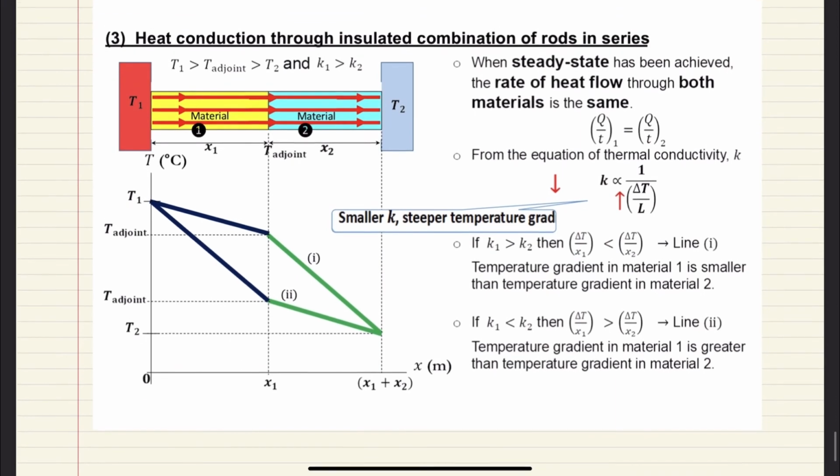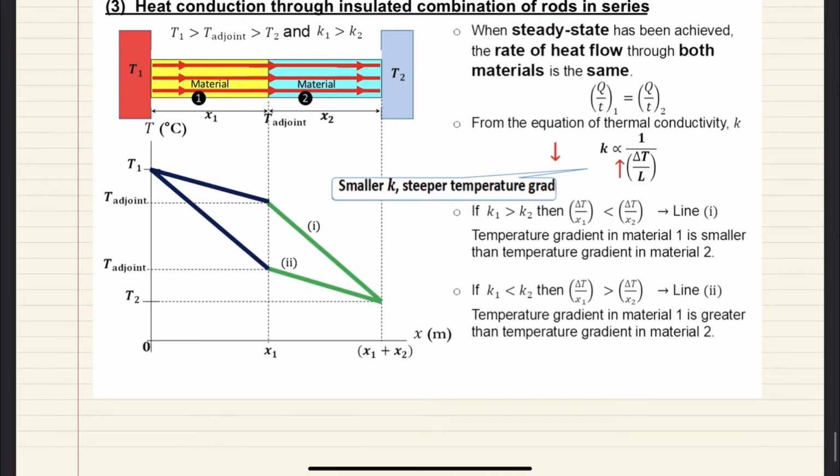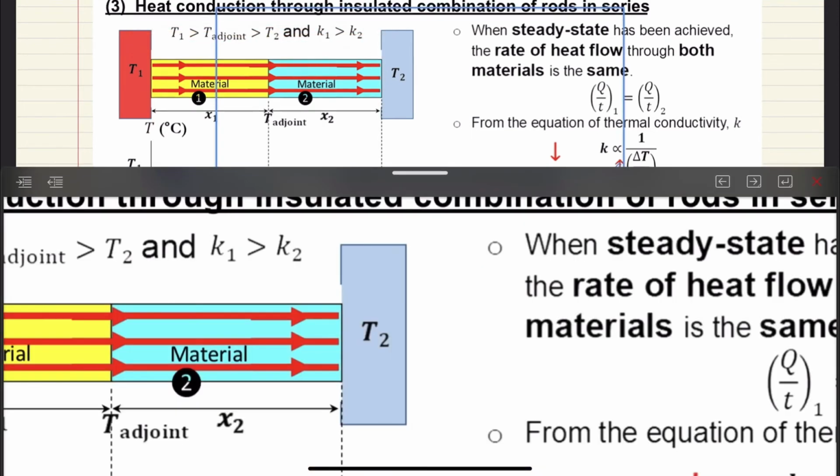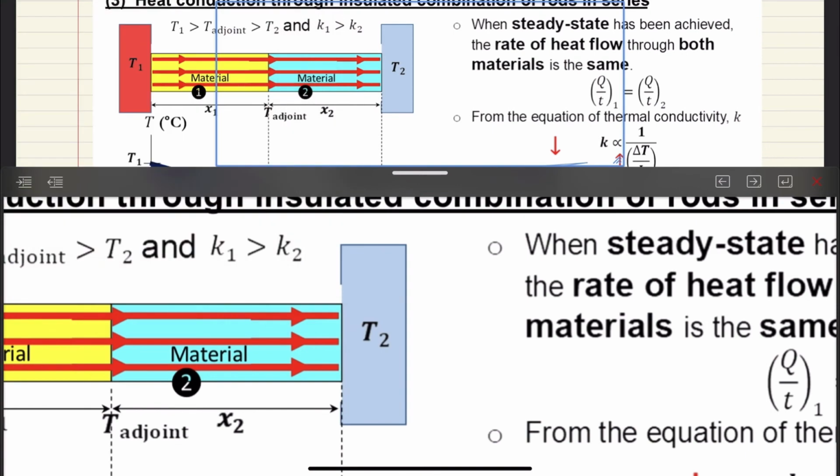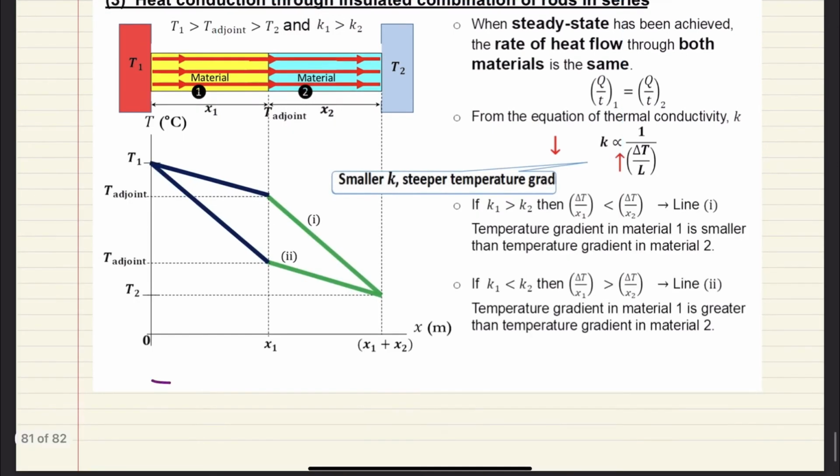Okay, now let's say you have two materials side by side touching each other, and this is T1 because this one is at a higher temperature compared to T2, right? So the heat will flow from there to there. Okay, what happens when steady state has been achieved is that the heat flow through both materials is the same.